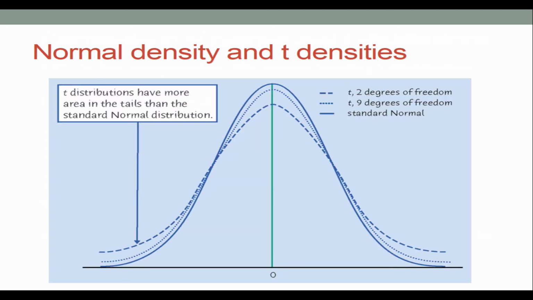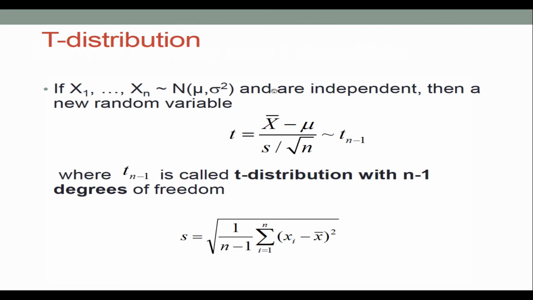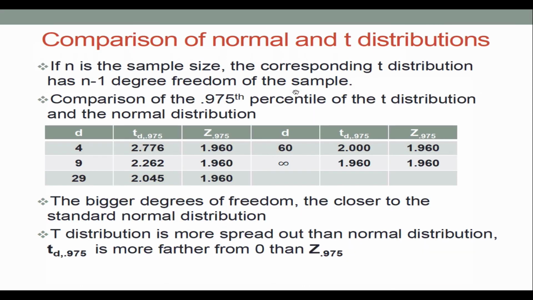Because recall that in the formula, we use the sample mean to estimate the population mean. Here, we use up 1 degree of freedom. We use the sample once, so when we talk about the degrees of freedom, we need to minus 1. So the t distribution has n minus 1 degrees of freedom.